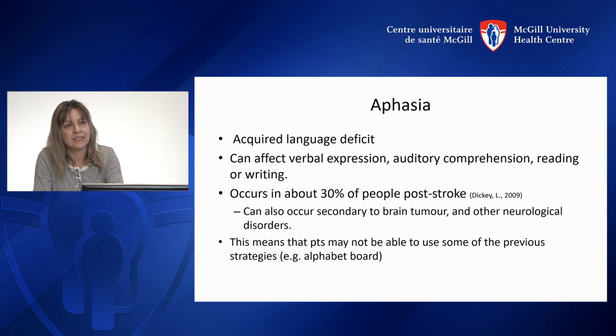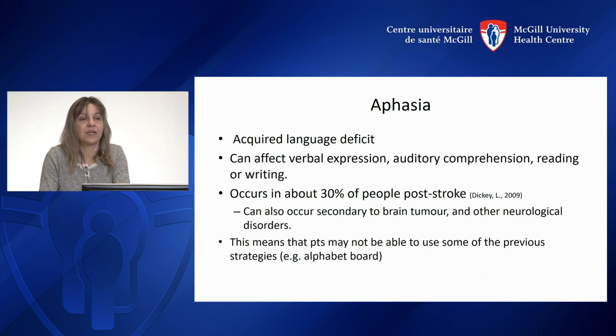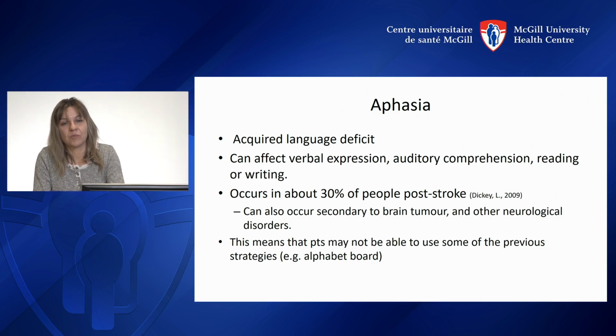That being said, if you suspect that patients have a language deficit, such as aphasia, they may not be able to use one of your assisted communication devices and or communicate effectively because their language is impaired as well.